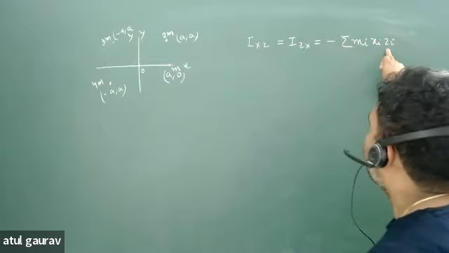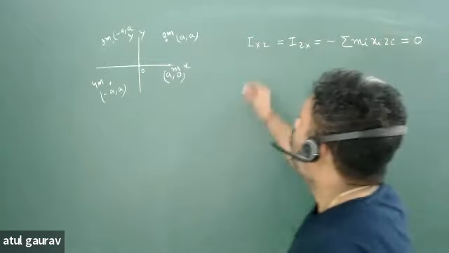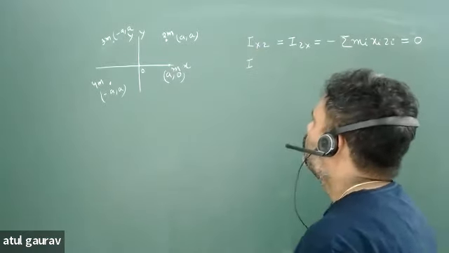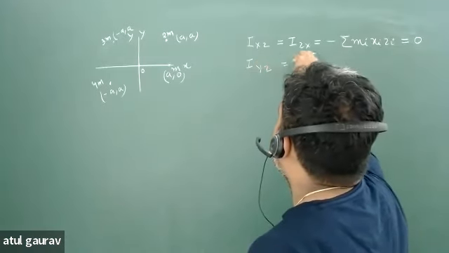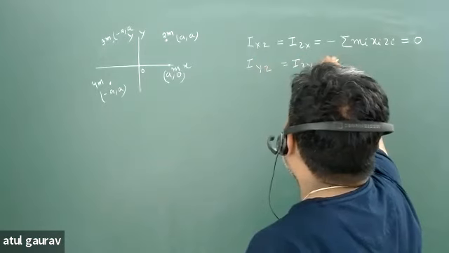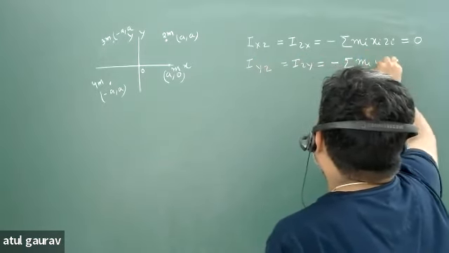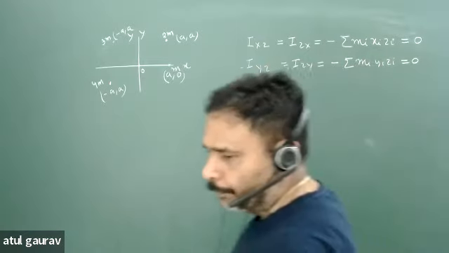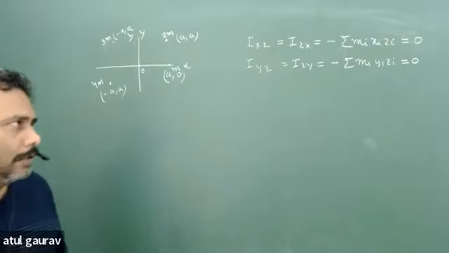Every time zi is 0, so this whole term is 0. Another term is also 0. Which term? Iyz. Very good. Iyz is equal to Izy is equal to minus summation over mi yi zi, which is equal to 0.